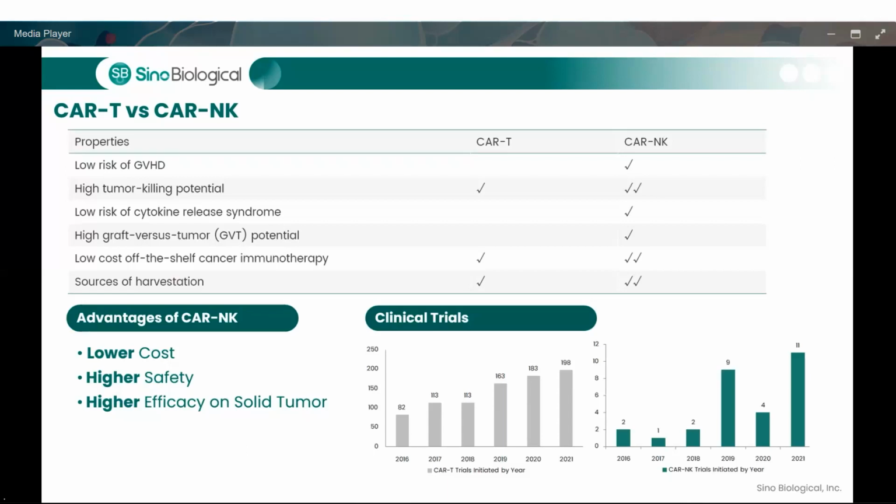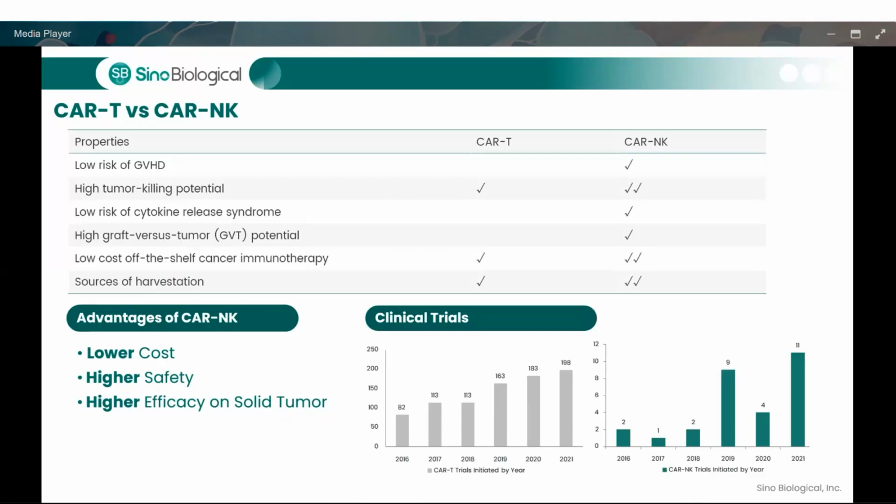And it also does not need to obtain the NK cells from the patient. This further eliminates the need for individualized cell manufacturing and reduces the overall cost of production. Actually, it was mentioned that there is a lower cost regarding the cell source.